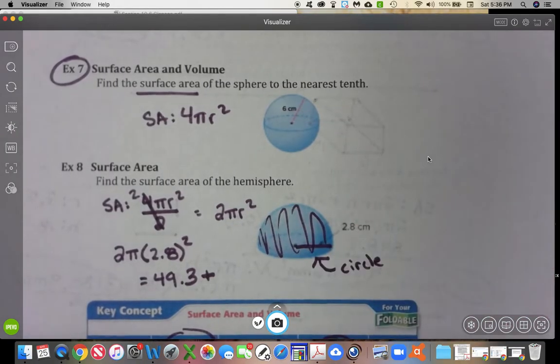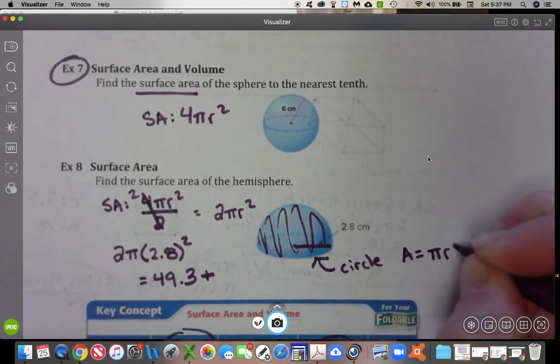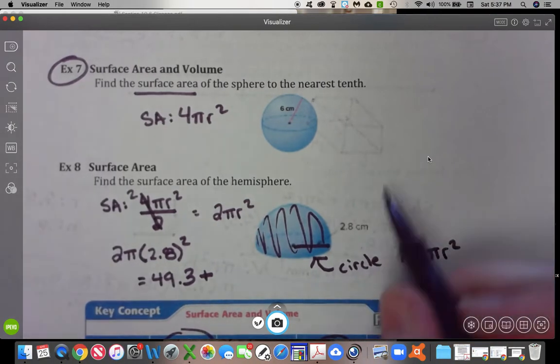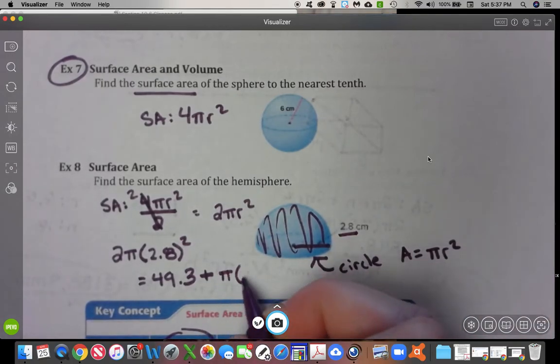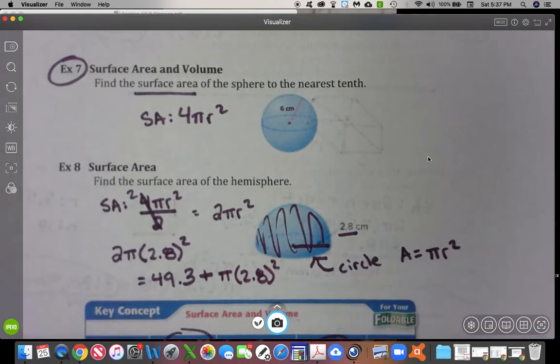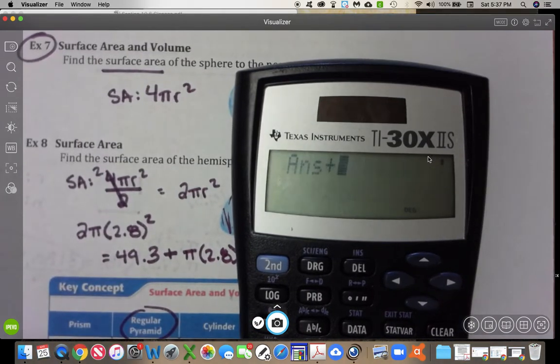The area of a circle is pi radius squared. So I would just take pi times 2.8 squared. I'm going to leave the 49.3 in my calculator and just add pi times 2.8 squared. If I do it that way, it will give me the correct answer.